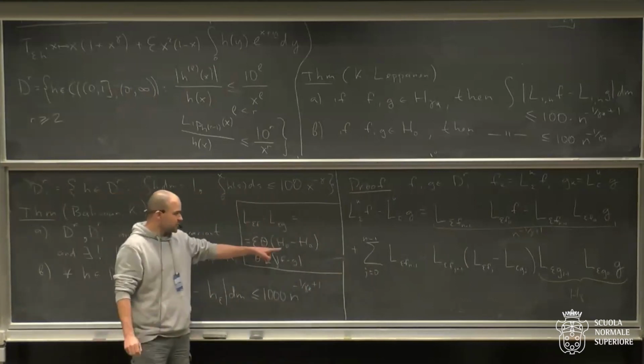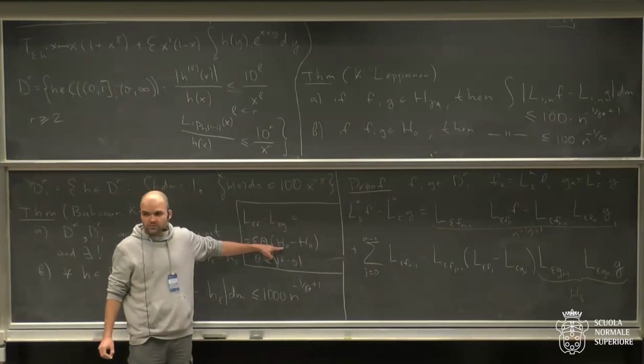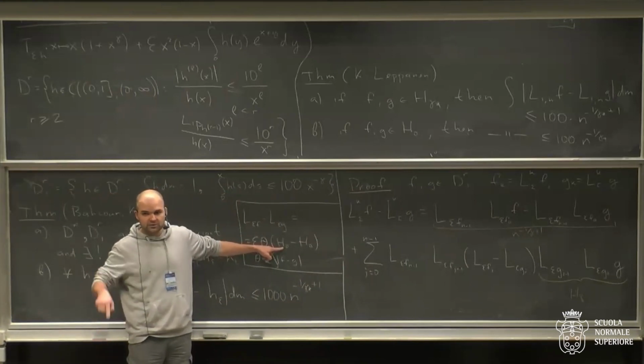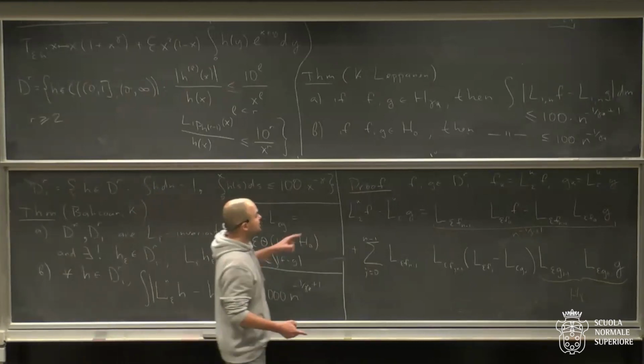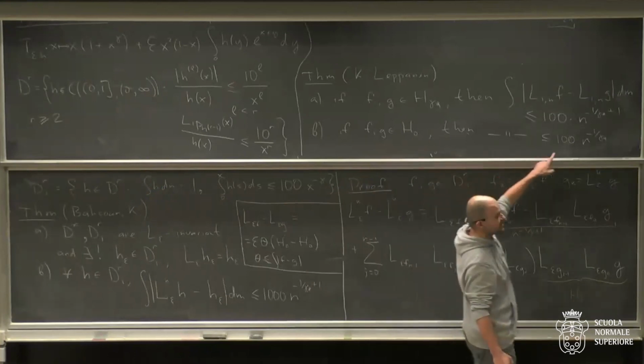And H0 was the bounded cone from my paper with Juho. So functions which are bounded and whose derivative blows up at most as x inverse. That's the part where we have the faster decay.